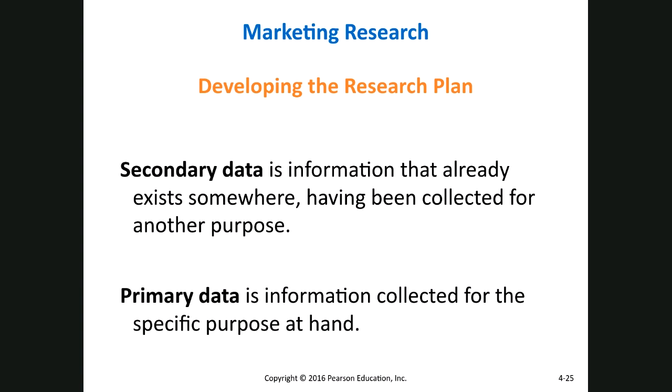It probably was collected for another purpose, but there's data out there that exists, and there's even data in, say, our own firm's database. We just have to see if we can get out what's important to us.